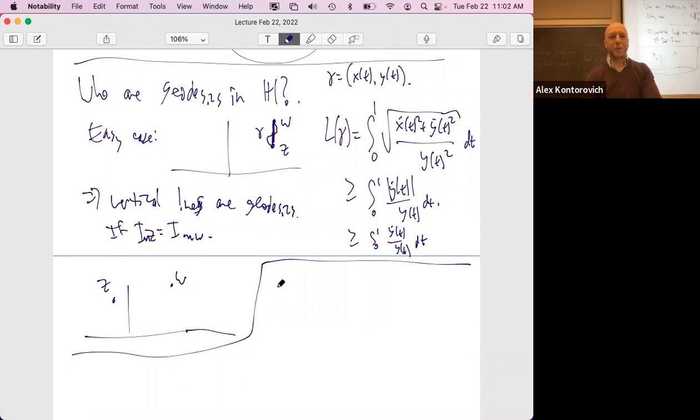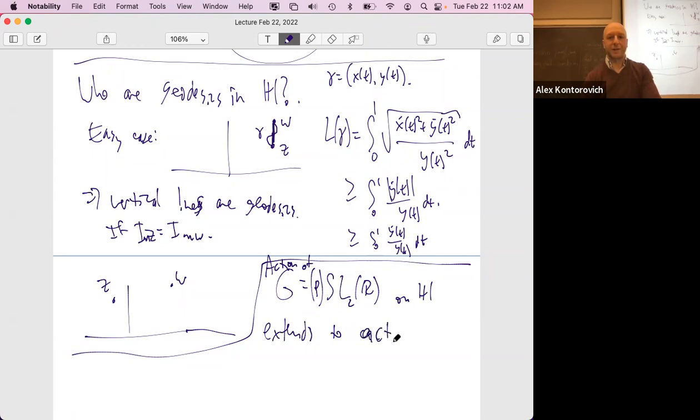In order to do that calculation, we should observe that G, which is SL2R, our favorite group, PSL, whatever, can extend the action of G on H to an action on the tangent bundle, in fact, and in particular on the unit tangent bundle.